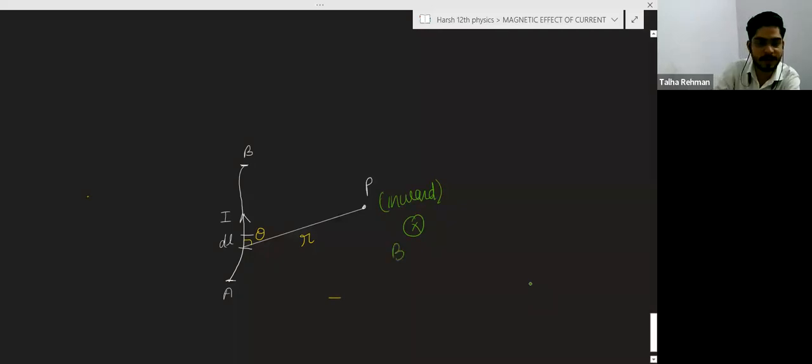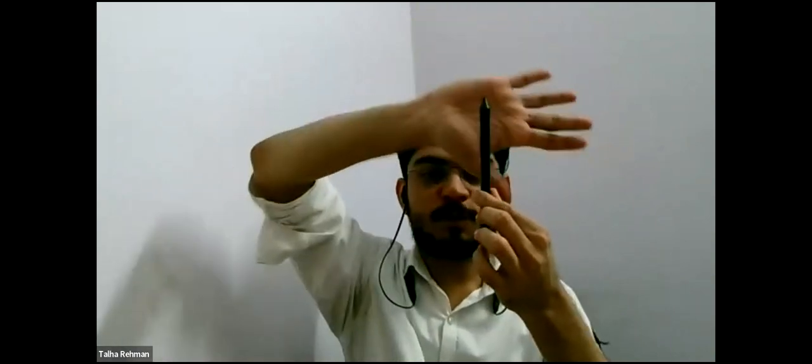And suppose here is another point. Here is the current carrying conductor, and somewhere here is a point where you want to find the direction of the magnetic field.